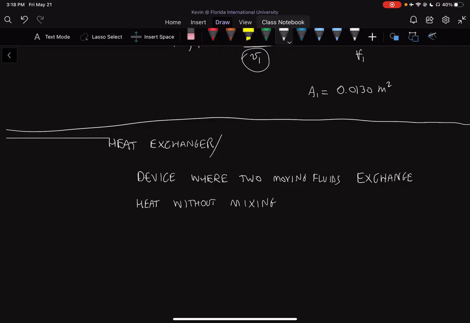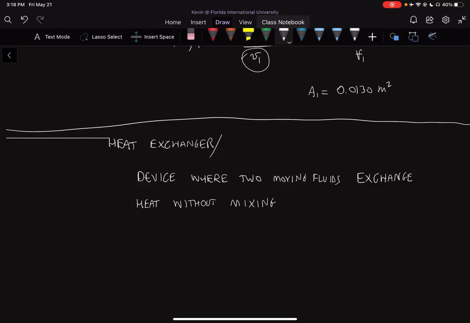So a pretty simple system. You've probably already heard of heat exchangers, but it is what we use in our refrigerator systems, for example. And R134a is used a lot in these types of heat exchanger systems.